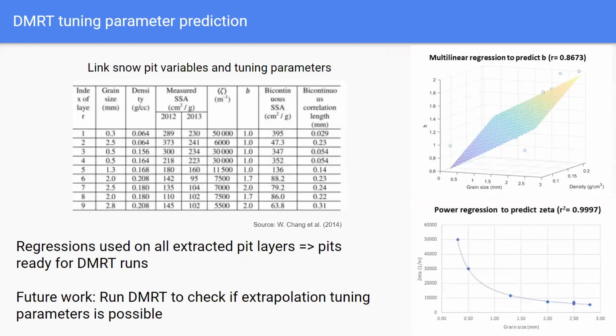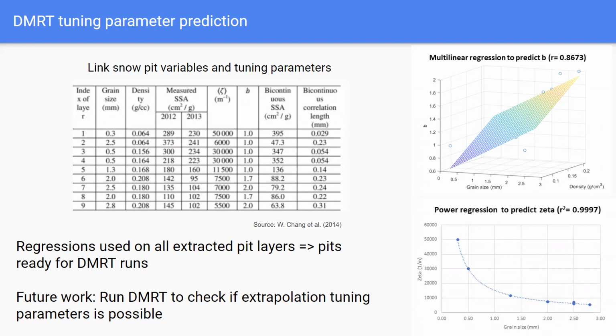Now we'll explore the relationship between the tuning parameters and the Snowpit variables. We took a table from literature that already linked the grain size and density to these parameters. The DMRT model was run, the parameters were tuned, and then they were linked to a Snowpit location.